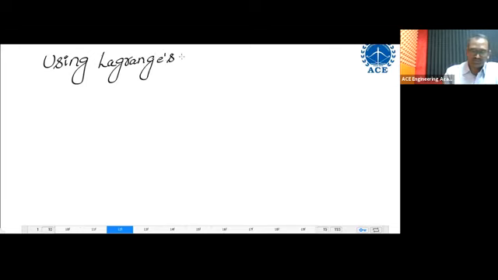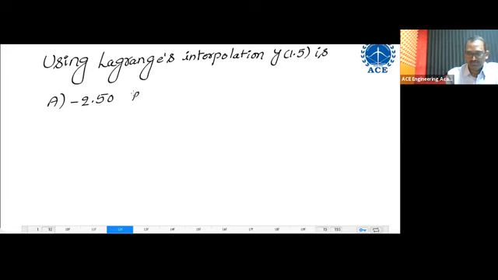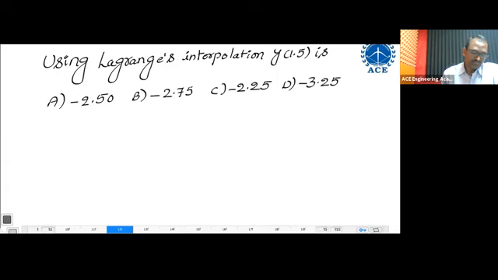Using Lagrange's interpolation, Y of 1.5 is... Try it yourself later.